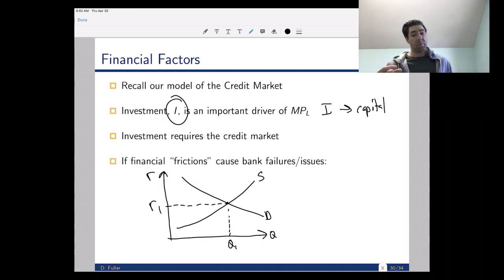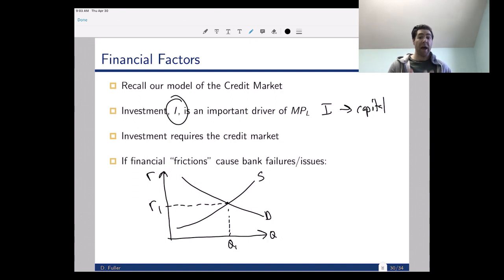Now, one thing that can potentially instigate a recession is if there all of a sudden are problems in the credit market. So for example, maybe there starts to become an increase in defaults on mortgages. So all of a sudden people aren't able to pay their mortgages for whatever reason. All of a sudden that causes solvency issues for banks.